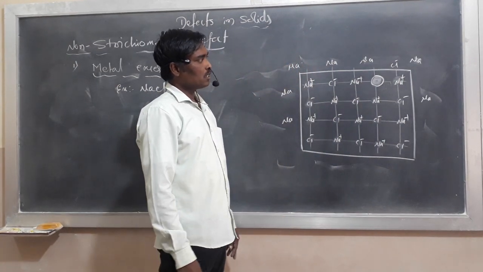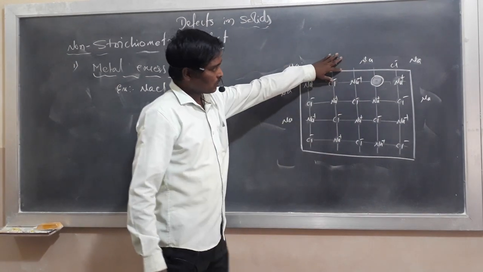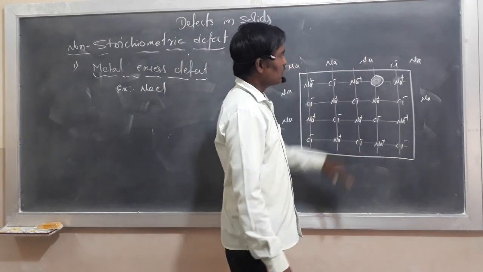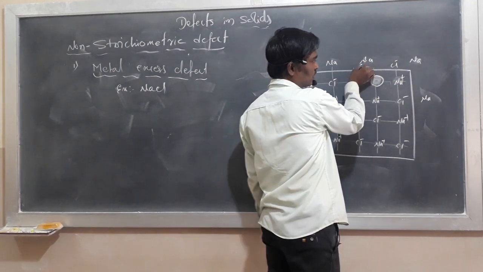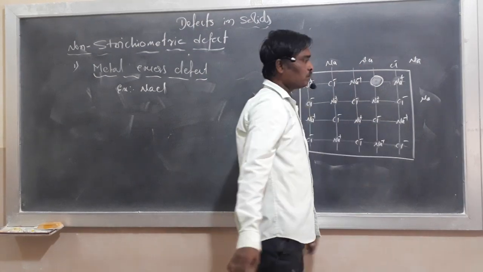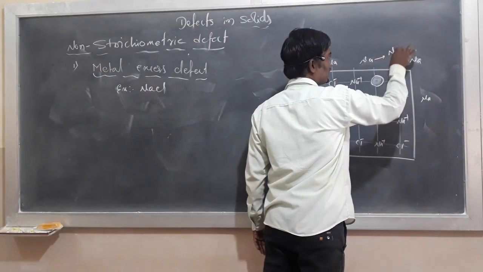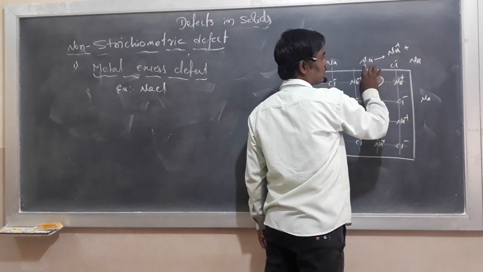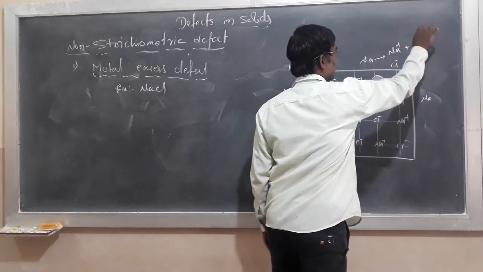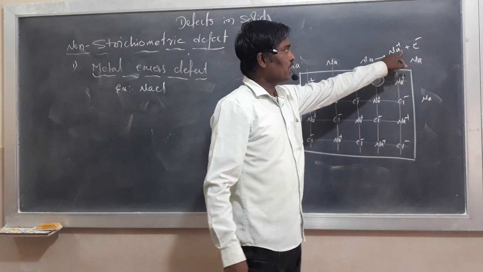The chloride ions come to the surface of the crystal, and the sodium atoms lose one electron and form sodium cations.